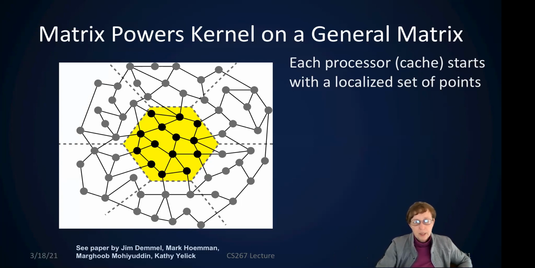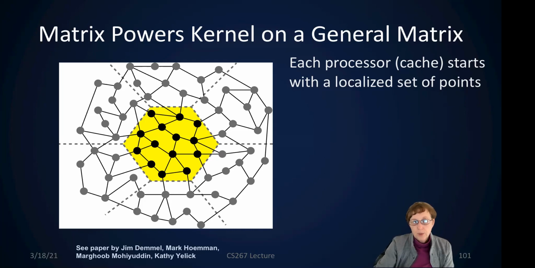Let's say each one of these black dots is some element of y. Some processor owns this chunk of things, and we've carefully chosen a chunk that is contiguous in the mesh, in that graph structure, so that it doesn't have too many nearest neighbors.